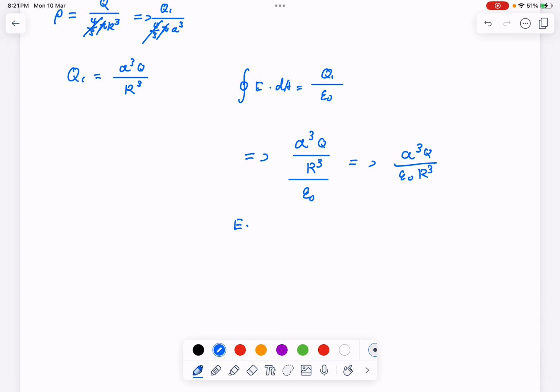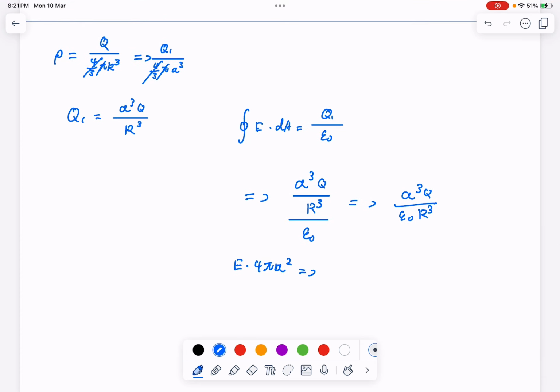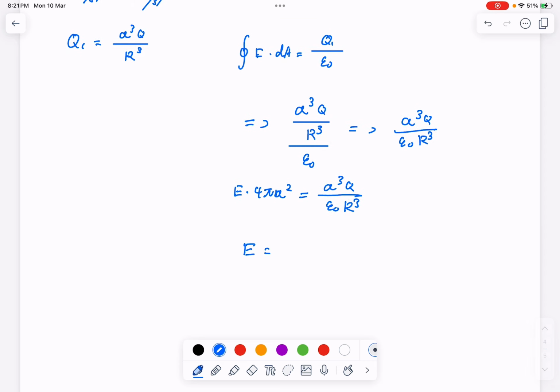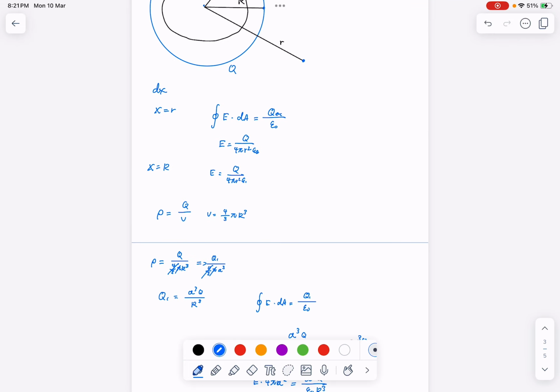And E times 4 pi A squared equals A cubed Q over epsilon naught R cubed, and E equals A Q over 4 pi epsilon naught R cubed.